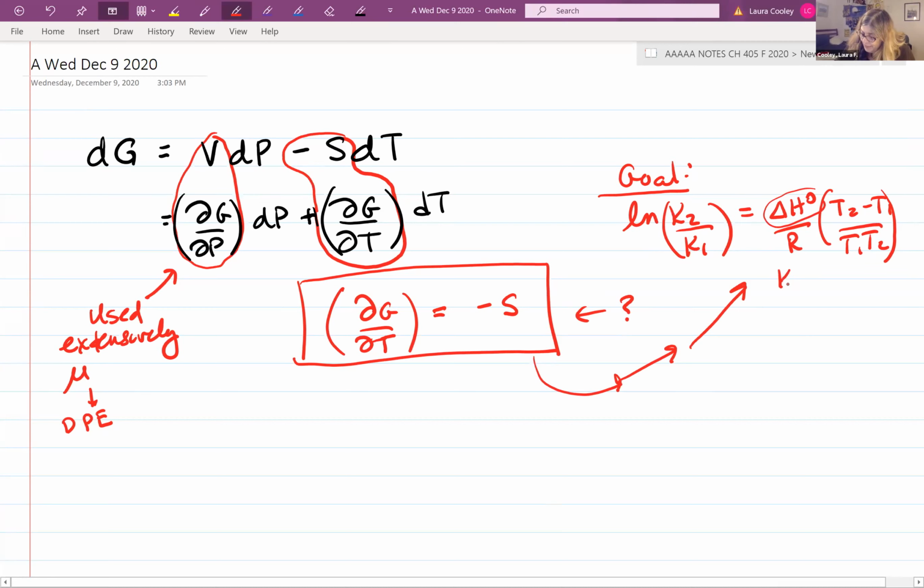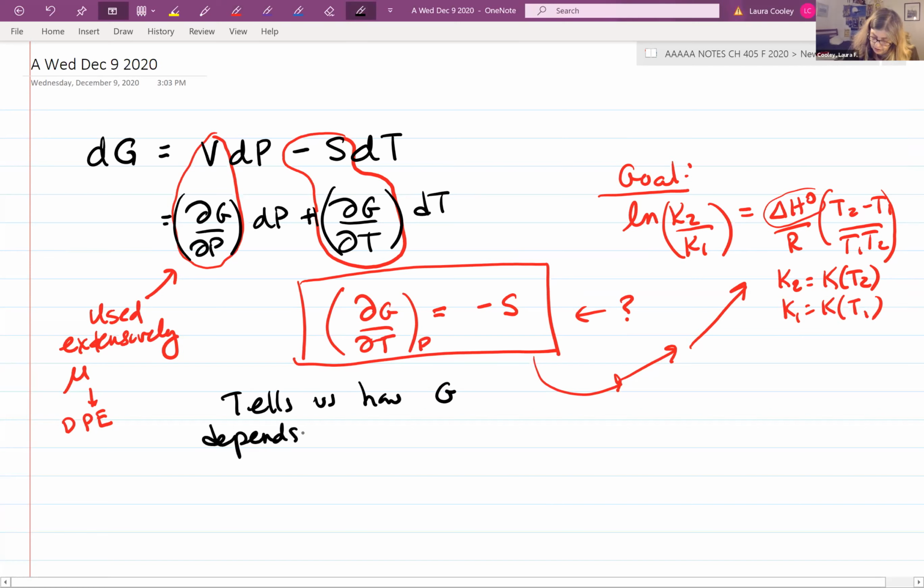And by the way, this K2 is K at T2, and K1 is K at T1. But anyway, what am I going to do with this thing? And why do I care about the derivative of G with respect to T at constant pressure? Because this is the derivative of G with respect to T, so it tells us how the Gibbs free energy depends on temperature.